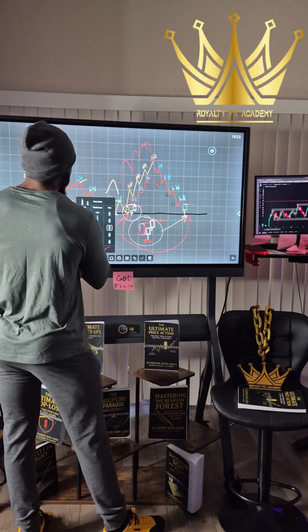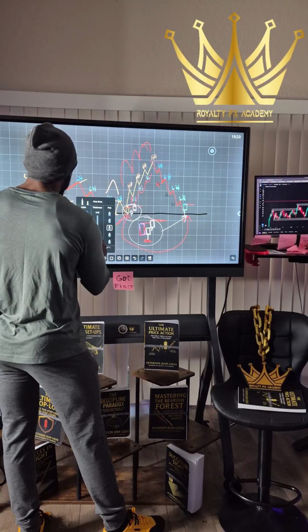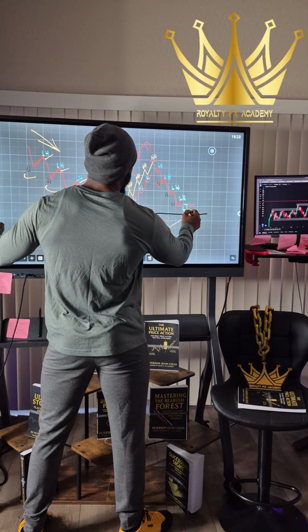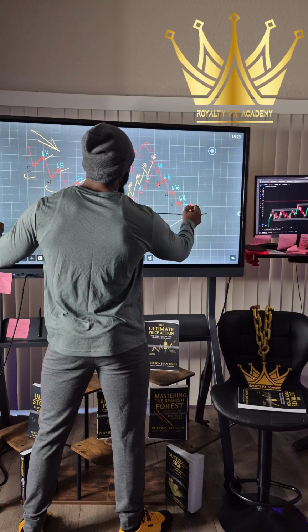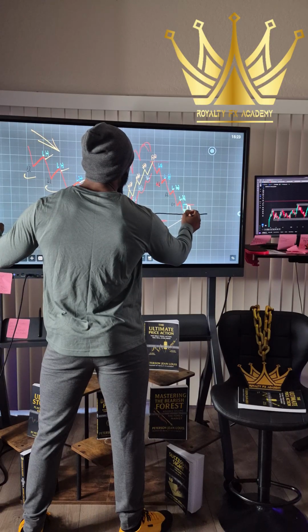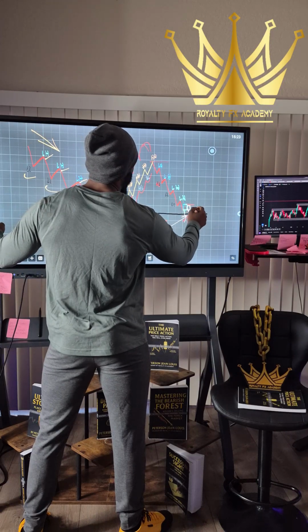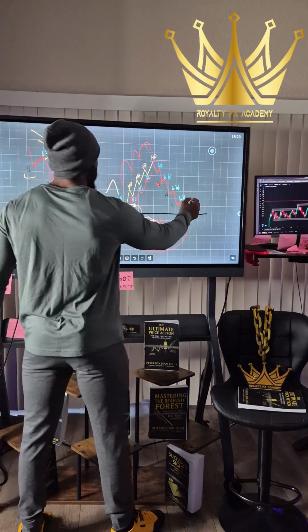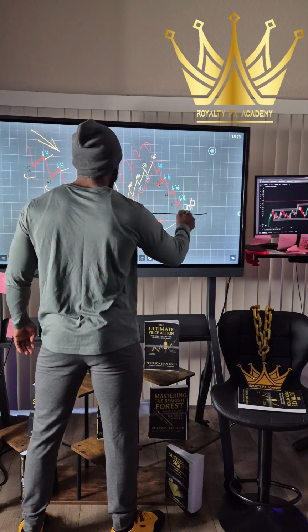So let's see my colors. All right, perfect. Here we would have one bullish candle like so, put a little wick below it, boom, and then there goes the next one, like so. See that? A little bit of wick up top.